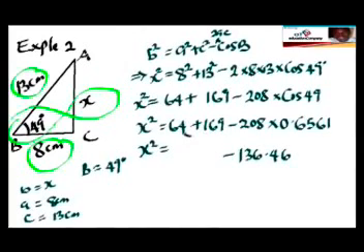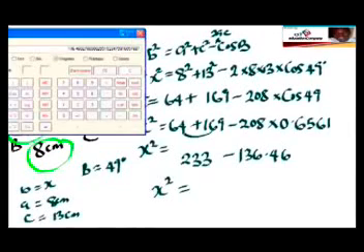Then you bring down the plus: 64 plus 169 gives 233. So 233 minus 136.46 is equal to 96.54.